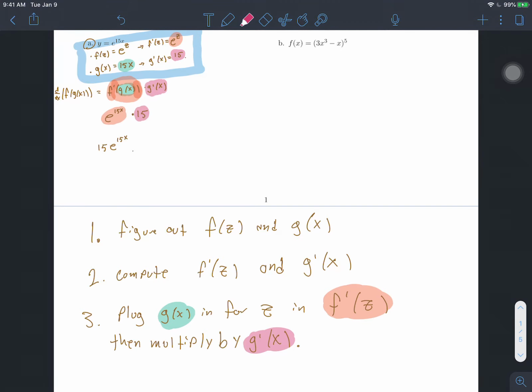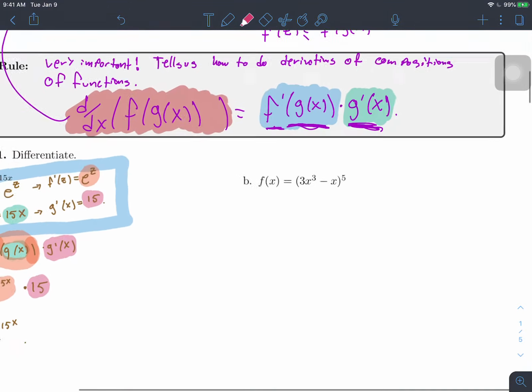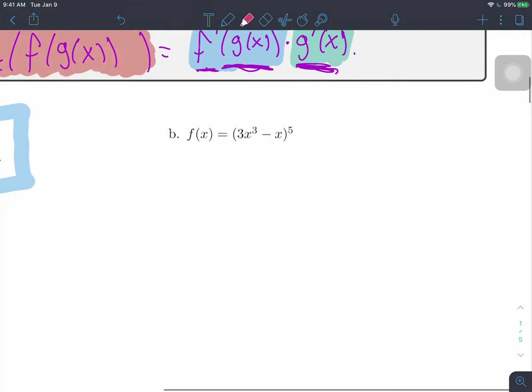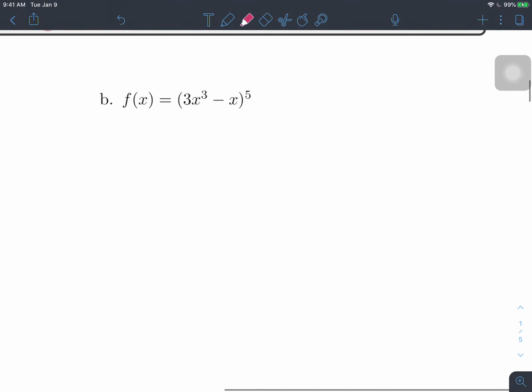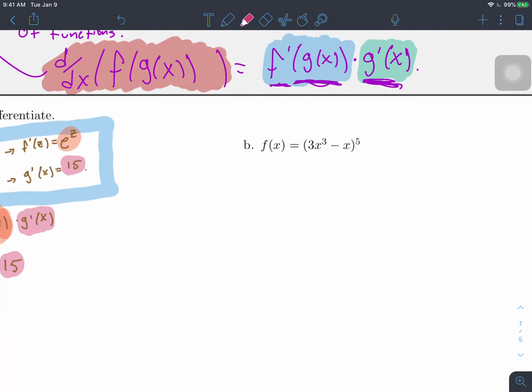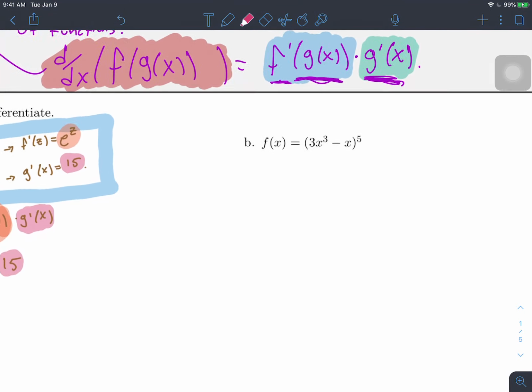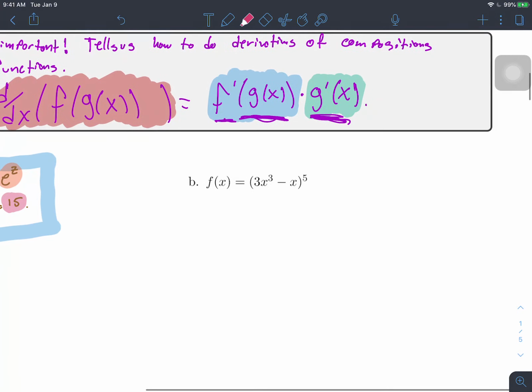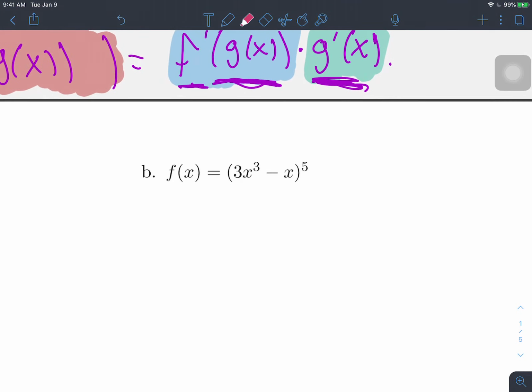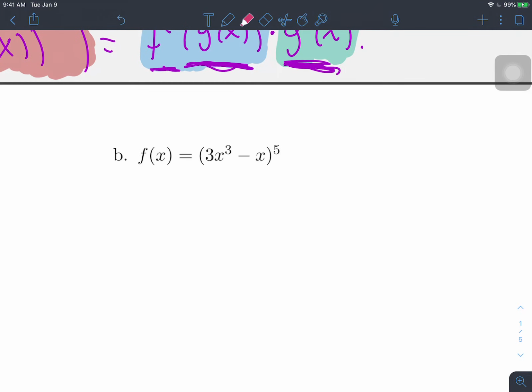Maybe let's do another example and then I'll ask for some thumbs about confidence with chain rule. All right. Ooh, now they're giving us something kind of funky. They're giving us f of x equals this function.